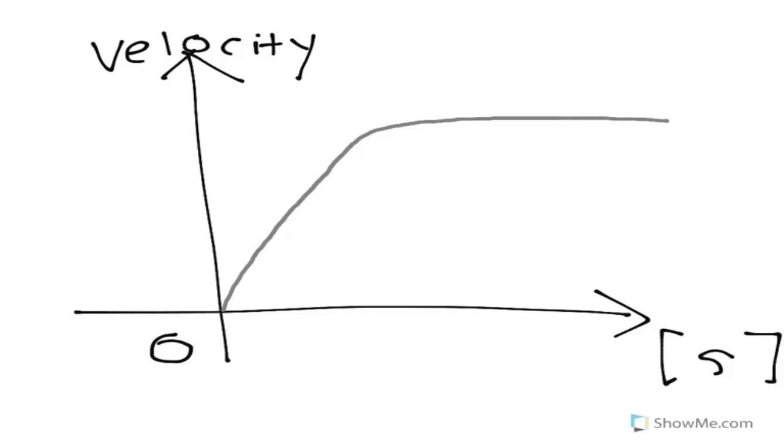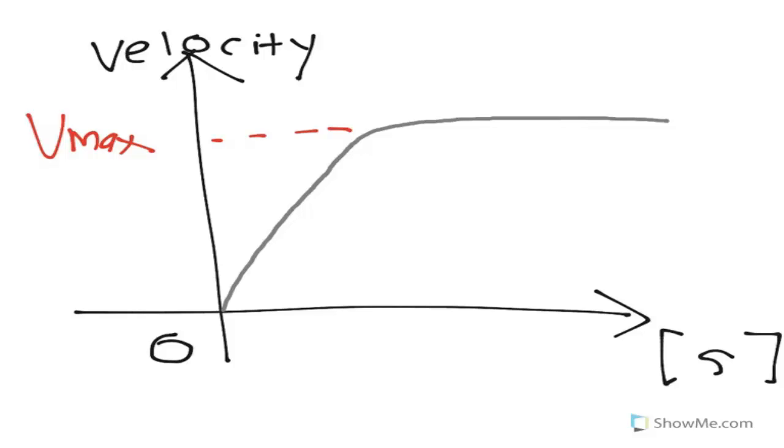So let's analyze this graph. Right here, where it reaches terminal velocity, it is Vmax, maximum velocity. How do we get Km? Do you guys know what Km is? Km is the Michaelis-Menten constant. It is the concentration of substrate when V0 is equal to 1/2 Vmax. How to get Km from the Michaelis-Menten graph?